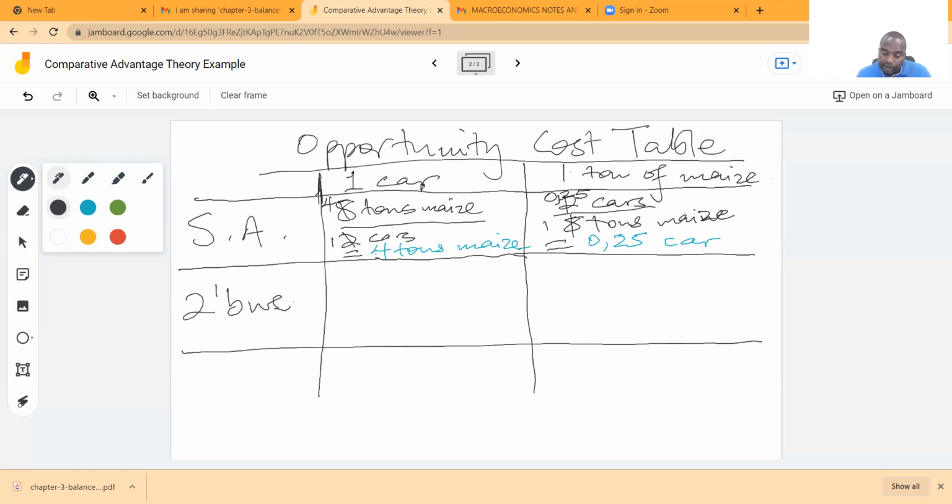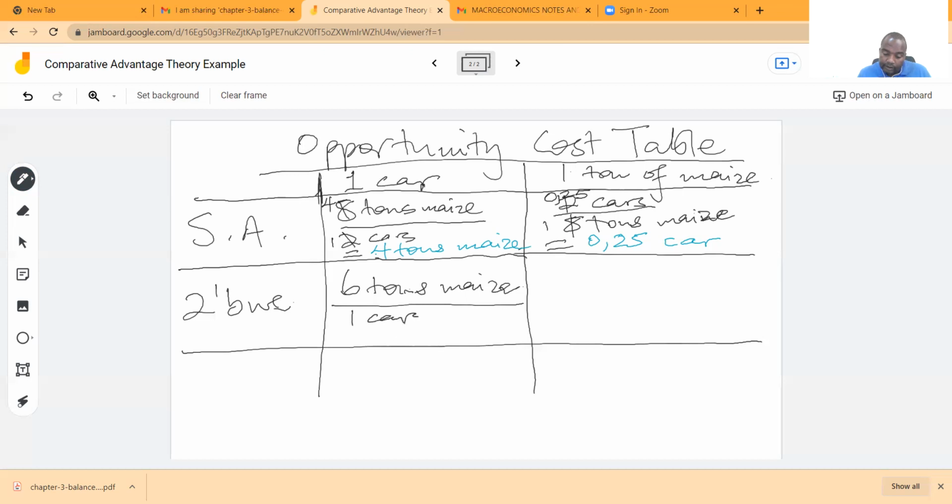Under the column of 1 car, it will be 6 tons of maize divided by 1 car, which is equal to just 6 tons of maize.